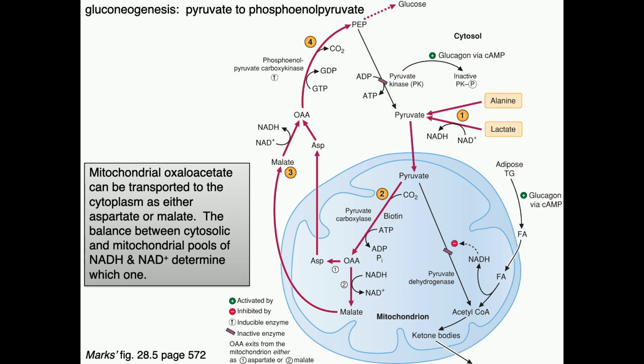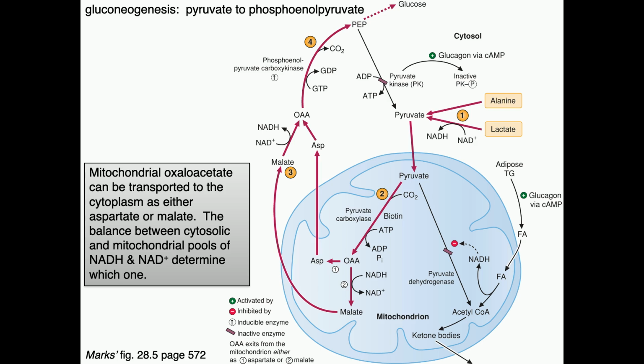So if you've got enough NADH here that you can push it to malate and then push it back from malate, then you'll go through that route. If you don't have that differential in the reducing power, then you'll go through the transamination route. So don't make too big of a deal out of that. Just recognize commonalities with the malate aspartate system that we already talked about.